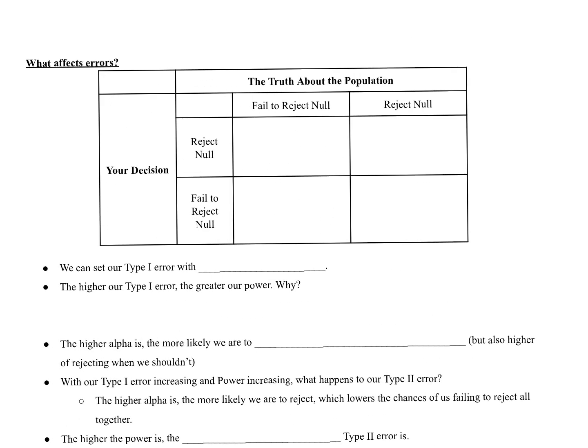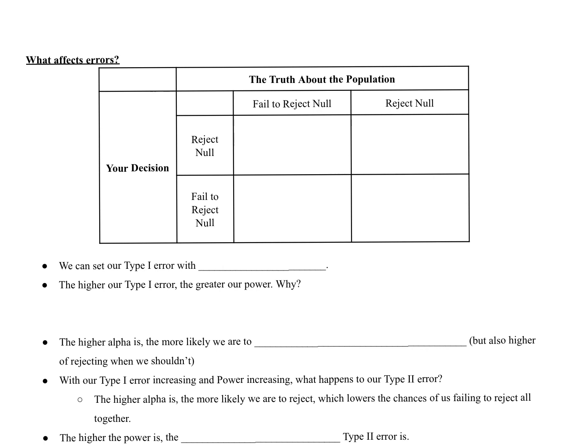So let's put all of the things that we've talked about together in a table and talk about what affects our errors. When we reject and we should have failed to reject, that is our type 1 error, which is denoted by alpha.